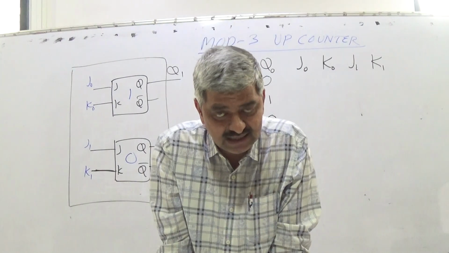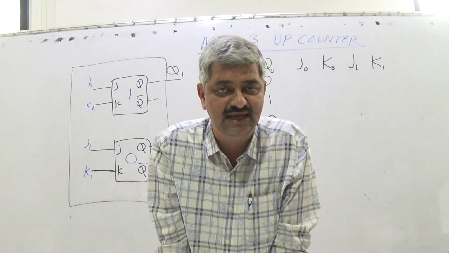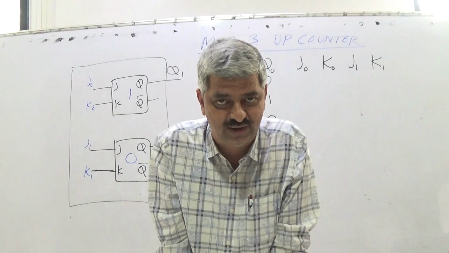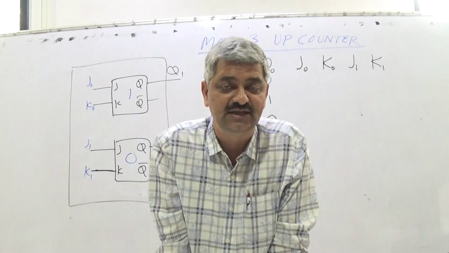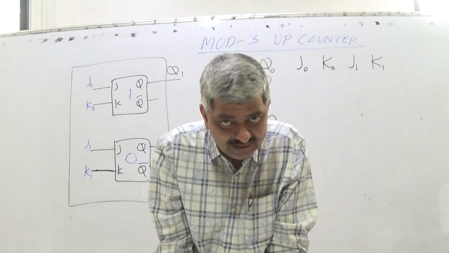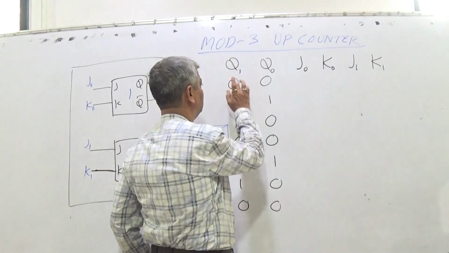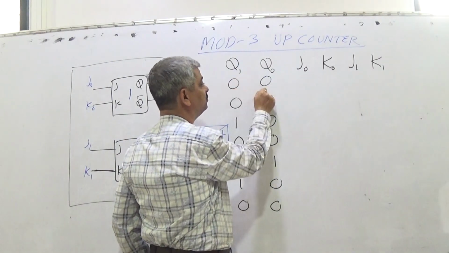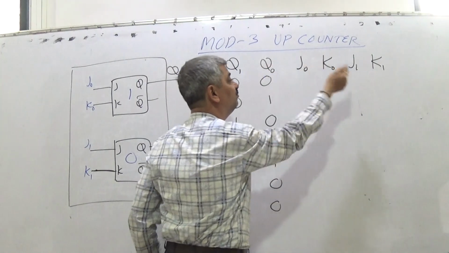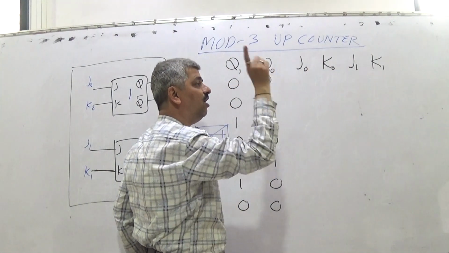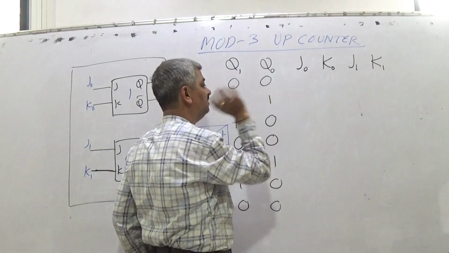Based on this, I should decide J0, K0, J1, K1 such that the design is so perfect that current outputs define inputs such that when the clock is given, the next output comes.